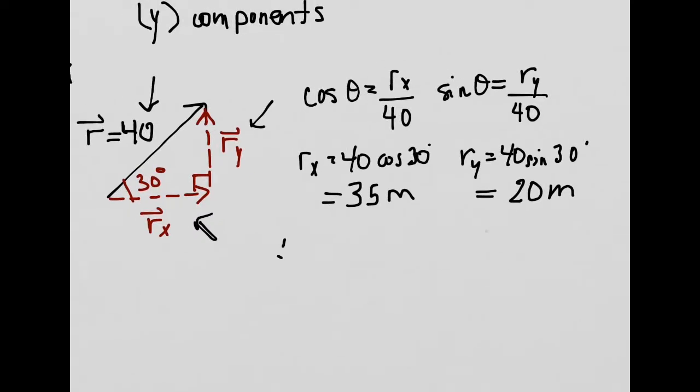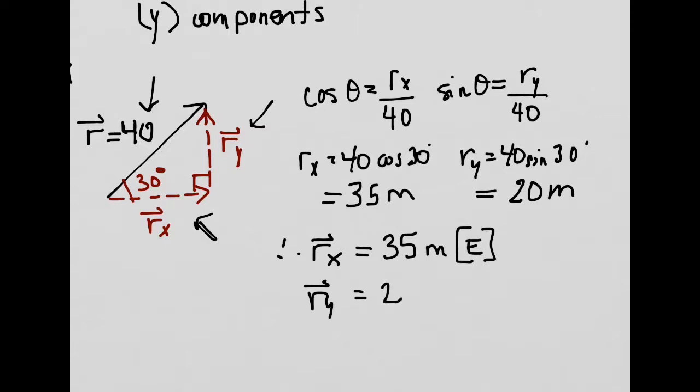So that means the x component of my R vector is 35 meters in the direction of east, and the y component of my R vector is 20 meters in the north direction.